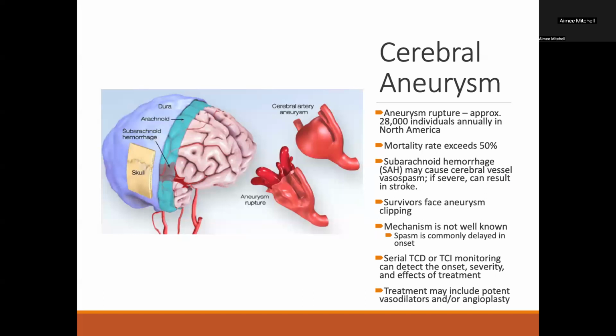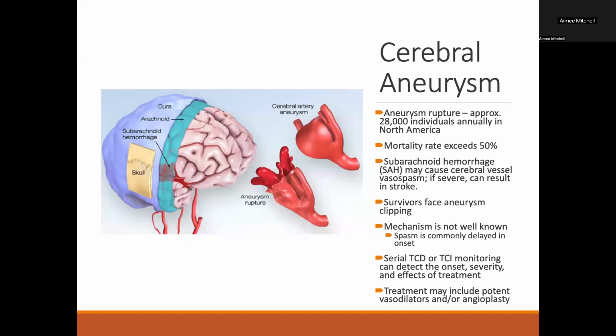So basically, it's like stroke-like symptoms on top of the hemorrhagic stroke that they've already experienced. Usually the spasm is delayed, and it happens about on day 3 after the subarachnoid hemorrhage. It peaks on days 6 and 8 and can last for about 2 to 3 weeks.